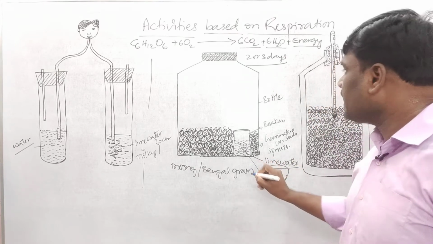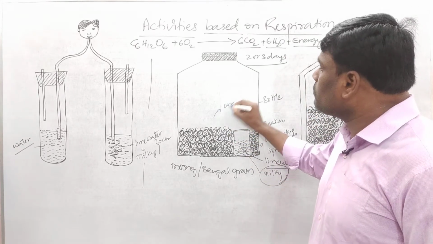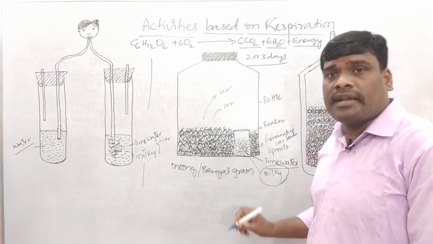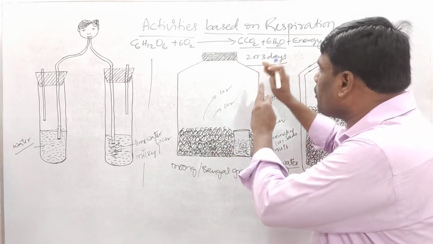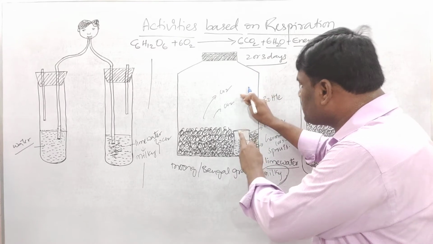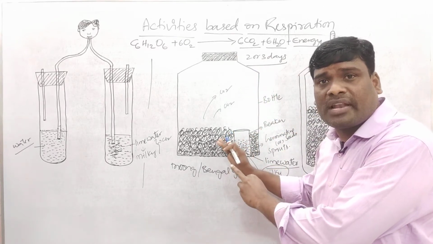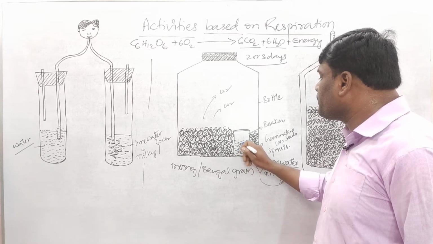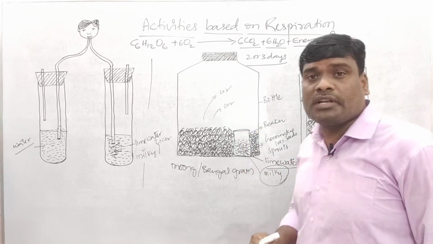This indicates that the gas which is evolved is nothing but carbon dioxide. Because of the presence of carbon dioxide gas released by the process of respiration in plants, the lime water in this beaker has turned milky.